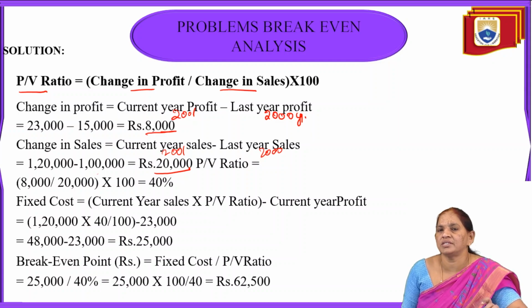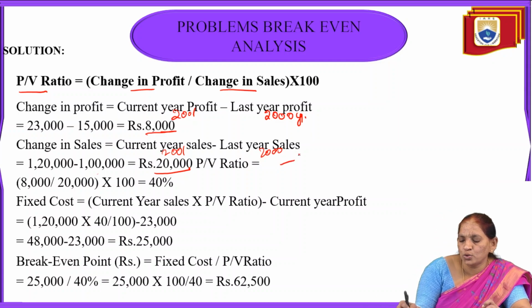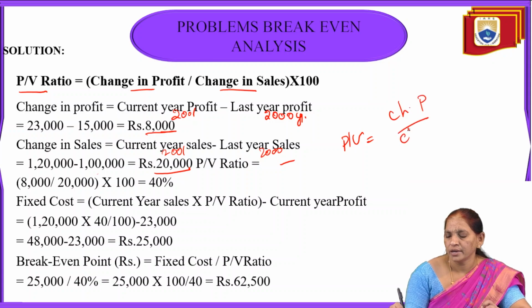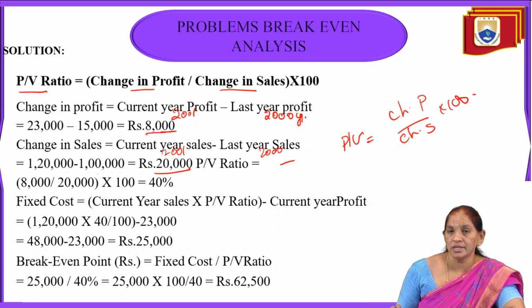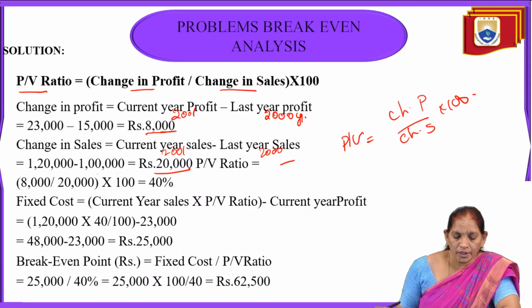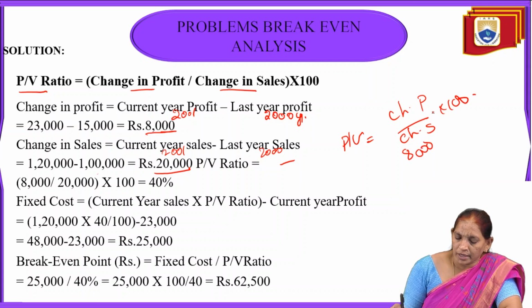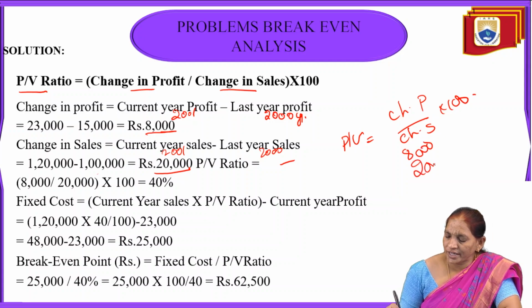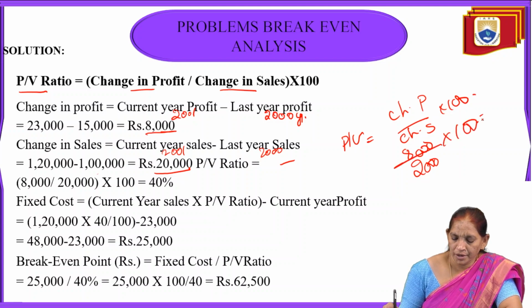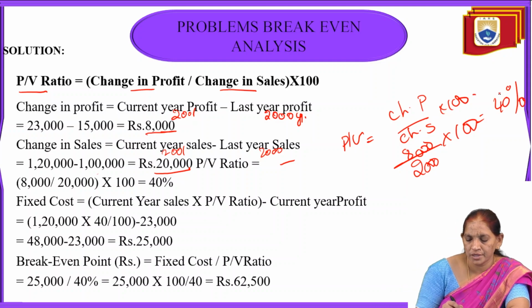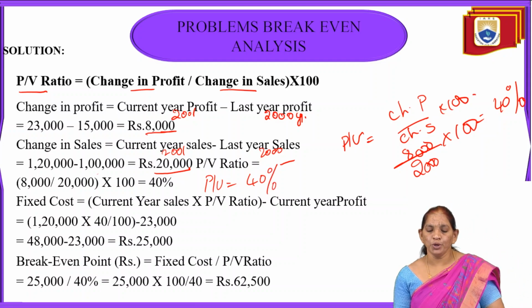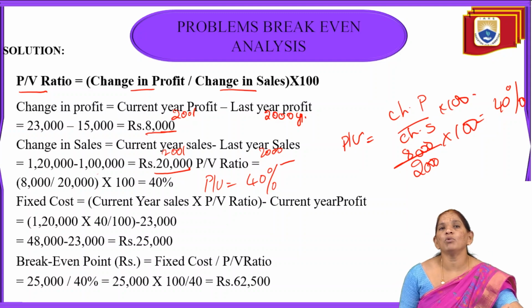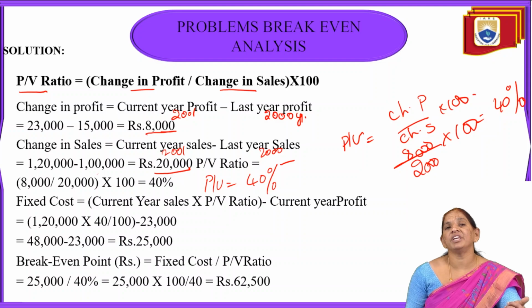Then for the PV ratio, which is change in profits by change in sales into 100, we have the change in profits as 8,000 and the change in sales as 20,000, into 100. We are able to get 40%. Means the PV ratio equals 40%.